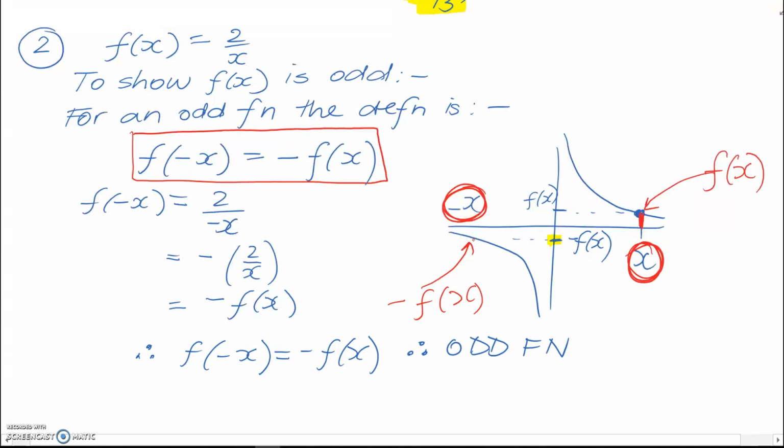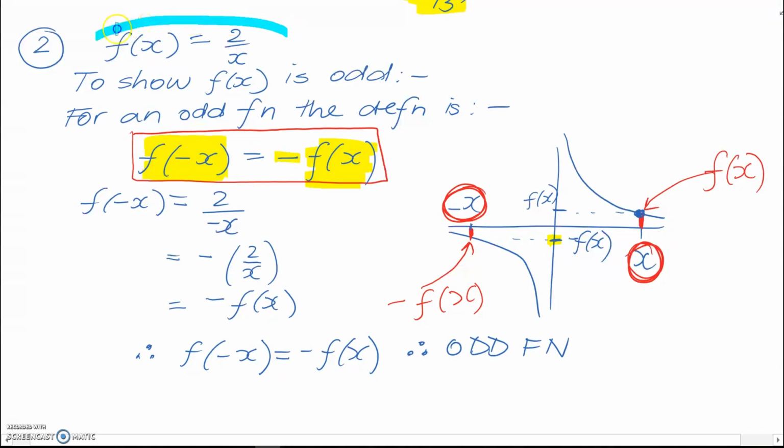So what we're saying is if I go to the function at minus x, I'm actually going to have just the negative of the function at x, which is indicated by this little height here. I think my pen seemed to rub that out. Okay, so that's what's going on with an odd function.